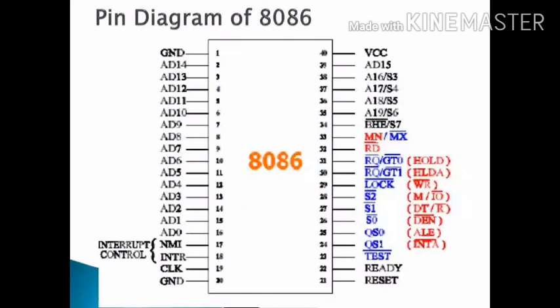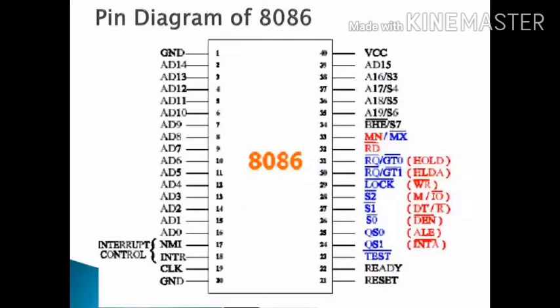This is because pin number 31 has higher priority than the other. Whenever we are using the master slave configuration, it will be used to set the request and grant option.